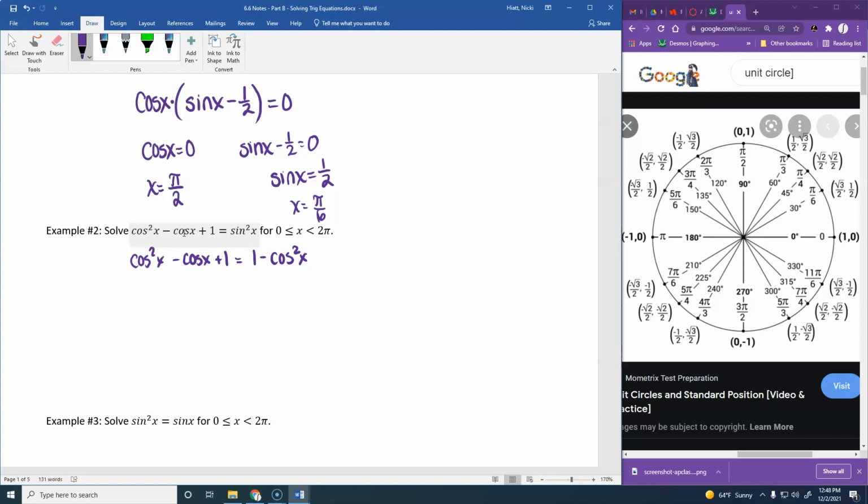It's just a good strategy for what you're doing here, especially when you have something squared. So I'm going to add this cosine squared x, which will give me 2 cosine squared x. I'm going to subtract this 1, which is actually going to cause it to cancel on both sides.